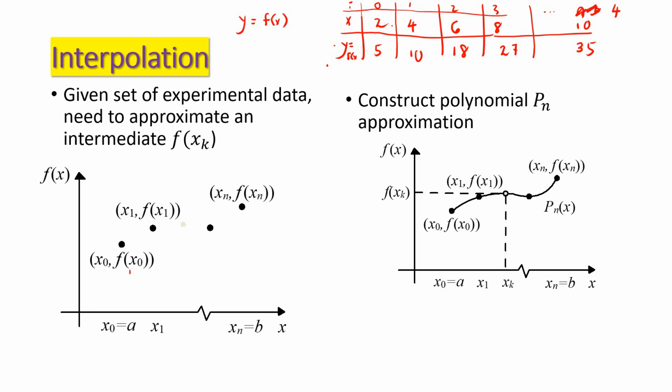So you have x: 2, 4, 6, 8, 10, and the corresponding y: 5, 10, 18, 27, 35.